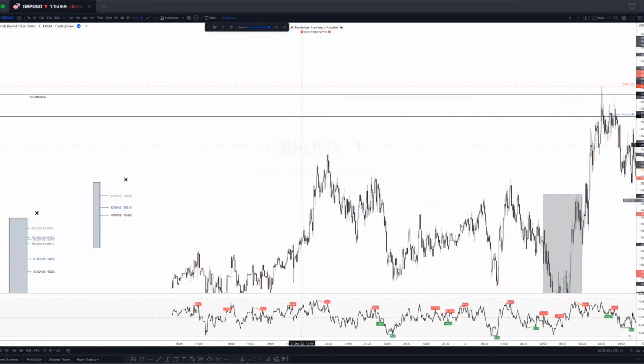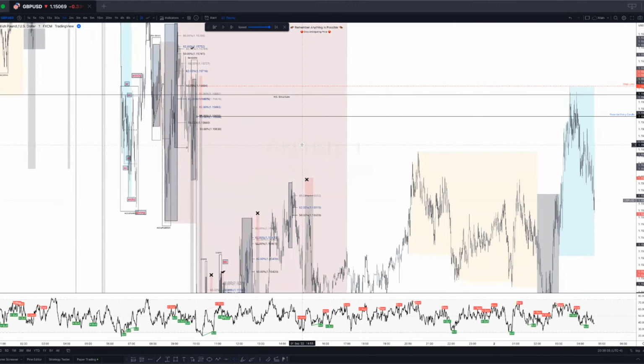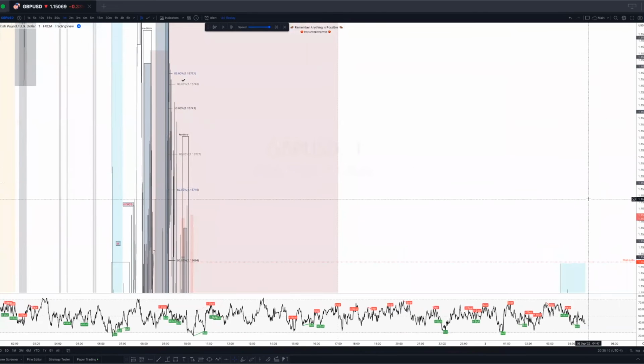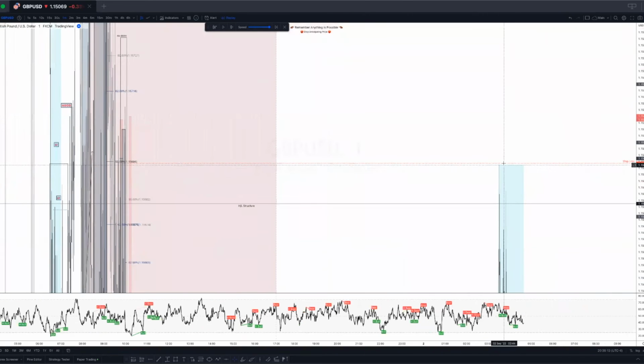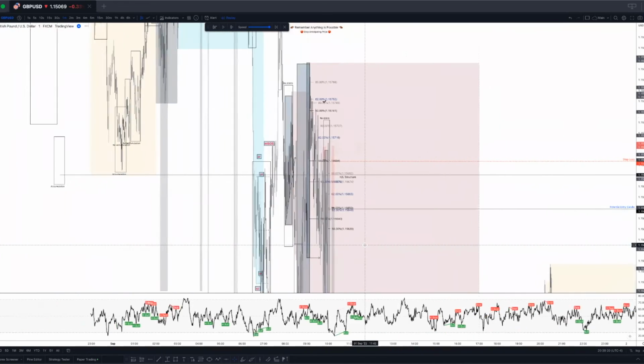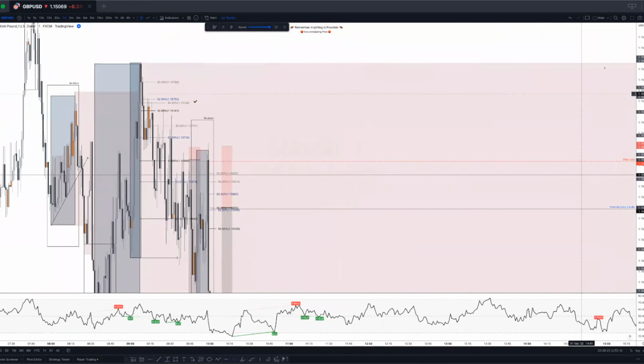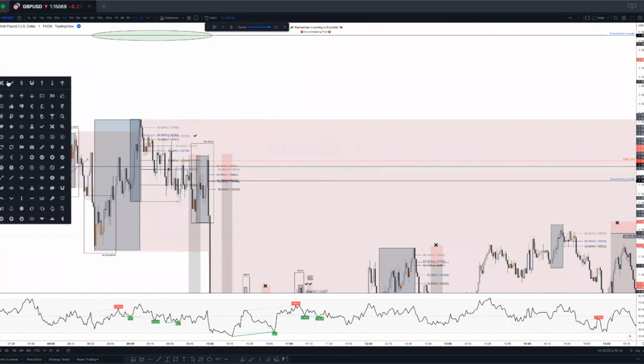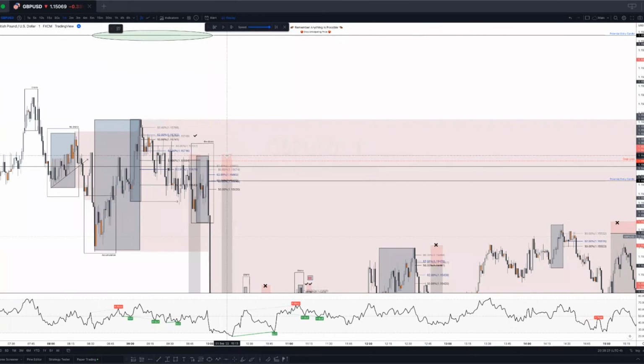Let me see what happened. This hit my stop. And it looked like it. Oh man, it did not hit my stop loss. So I'm in that trade at BE. I am in this trade. I'm in this trade too.